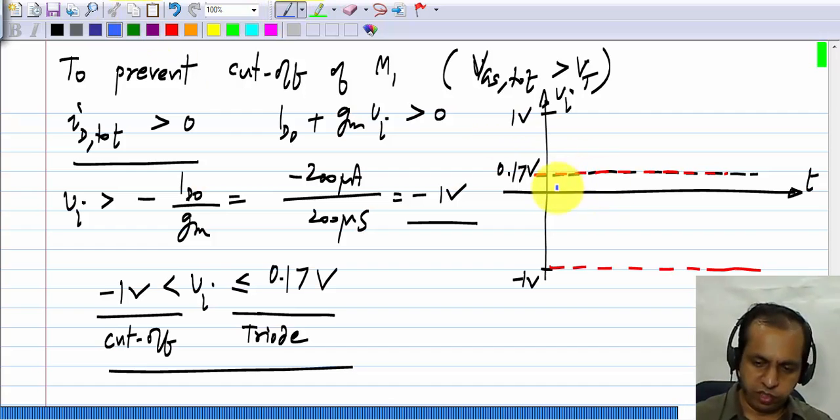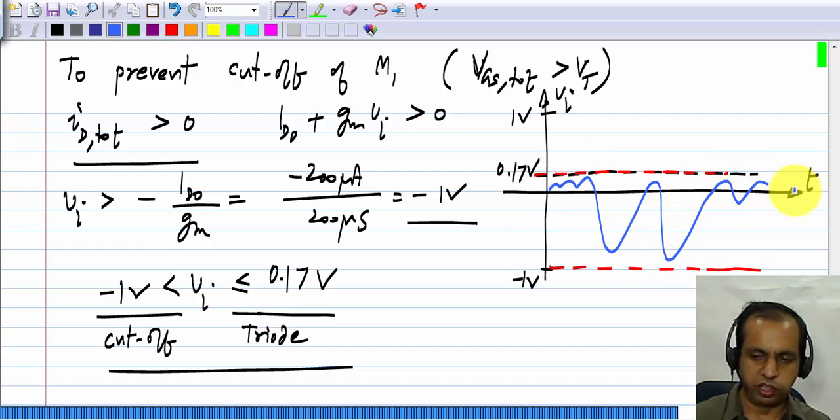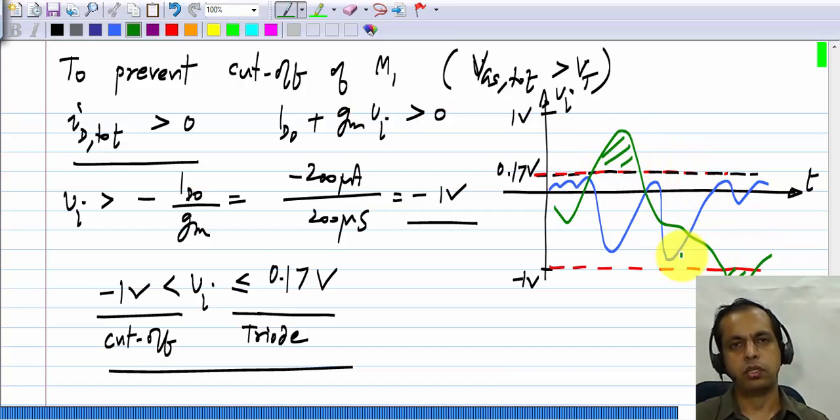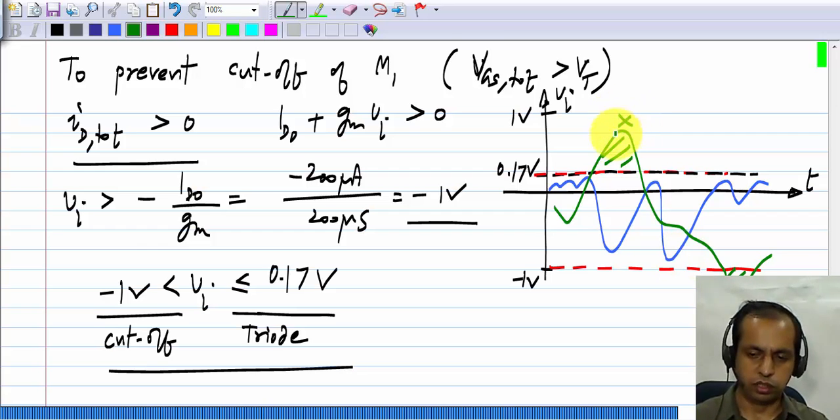So you could have any signal which is within these limits and it will behave linearly, but if it goes outside that, then in these parts it won't faithfully reproduce the input signal. So clearly you should avoid this. Now if your signal happens to be sinusoidal, then obviously it has to be symmetrical around 0.